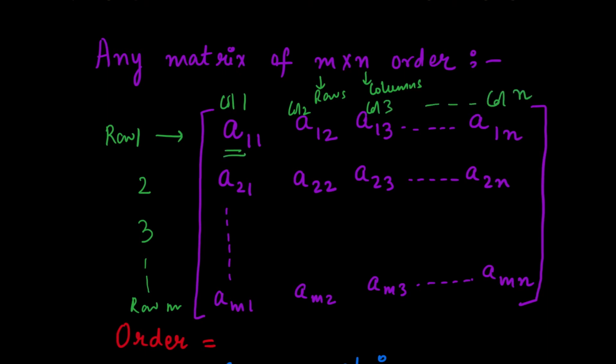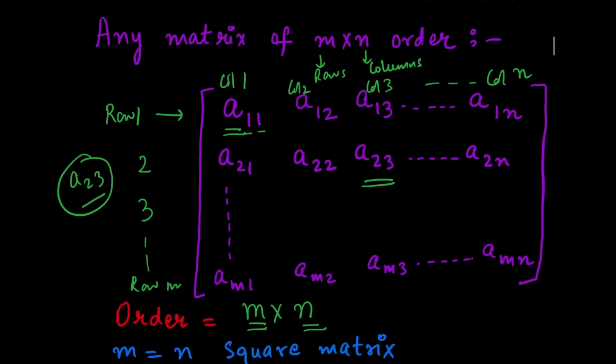So A11 is the element corresponding to the first row and first column. Let's say I want the second row and third column. That element is A23. Therefore, the order of the matrix is m by n. Again, m is the number of rows and n is the number of columns.